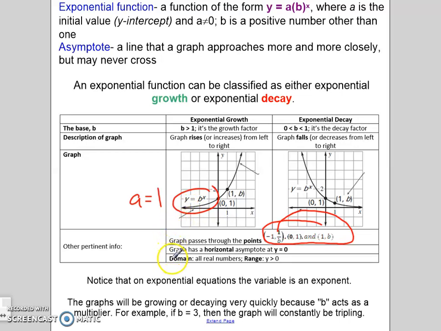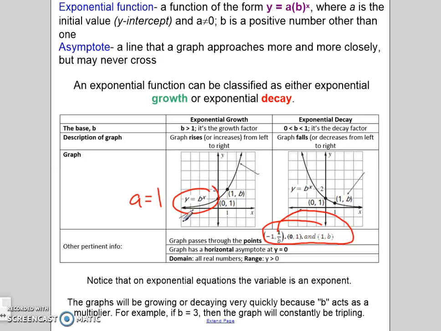Then we need to talk about the domain of an exponential function. The domain is constantly moving from left to right, so therefore it's all real numbers. The range, however, may not go past that boundary, so that boundary serves as the starting point or the stopping point sometimes in other exponential functions, but in this case it's the starting point.